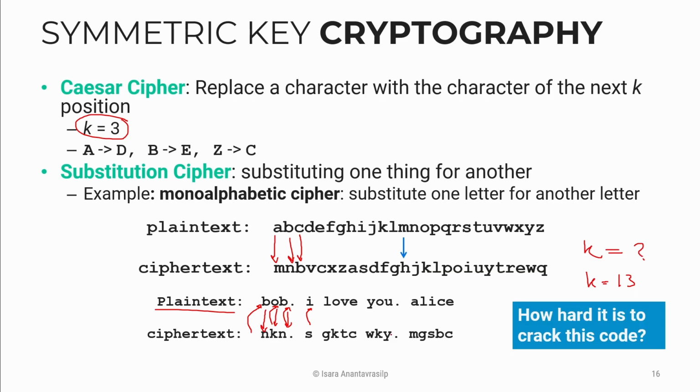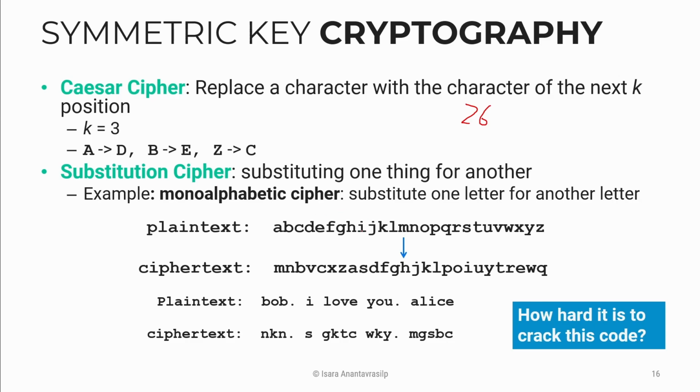But the question is how hard it is to crack this code. There are a few ways to crack this, but before we go there, let's discuss a little about its strength. We have 26 characters if we don't count special symbols or non-English characters.